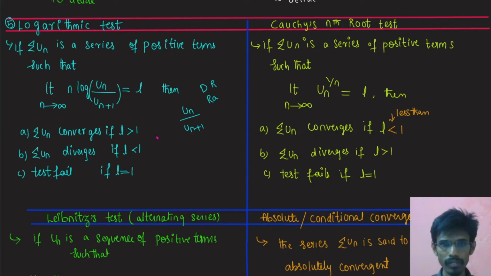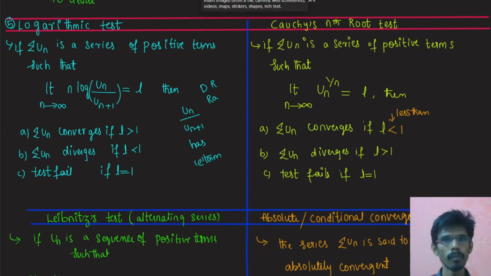But if this ratio un by un plus 1 contains or has an e term, an exponential term, then go for the log test. If this ratio un by un plus 1 has any e term in it, then go for the log test.